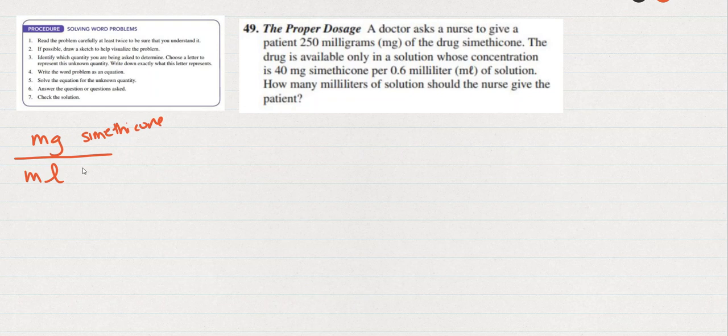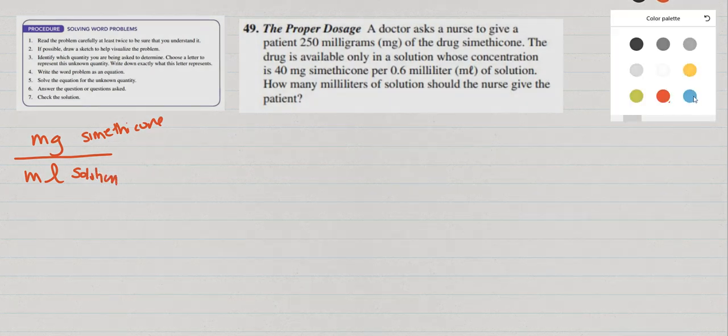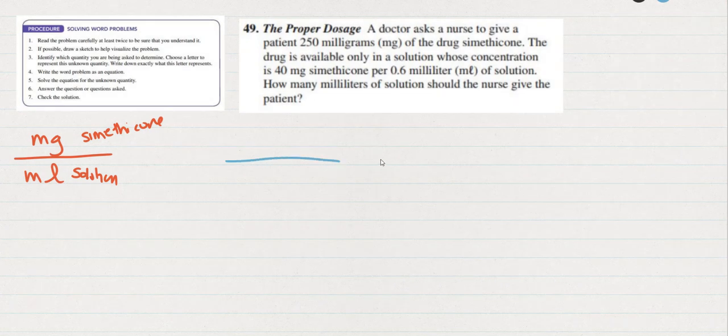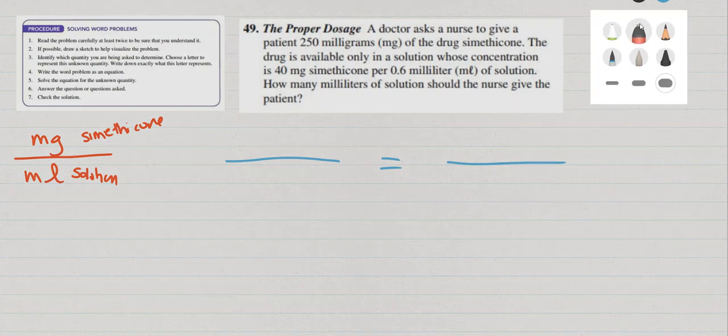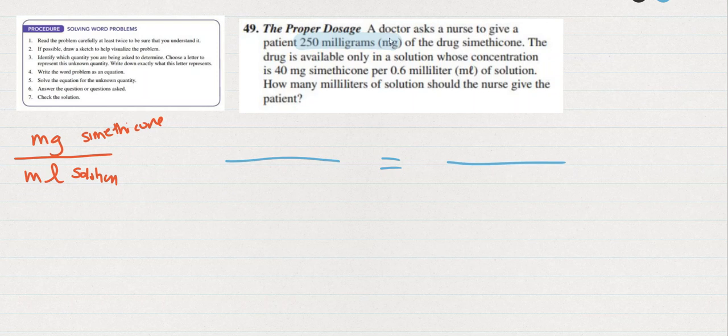And the milliliters is describing this solution, right? So that lines up for me, where I'm going to put each piece in this proportion. Give the patient 250 milligrams, and it's in the solution.